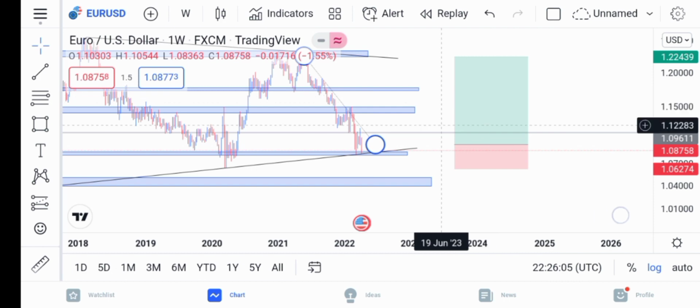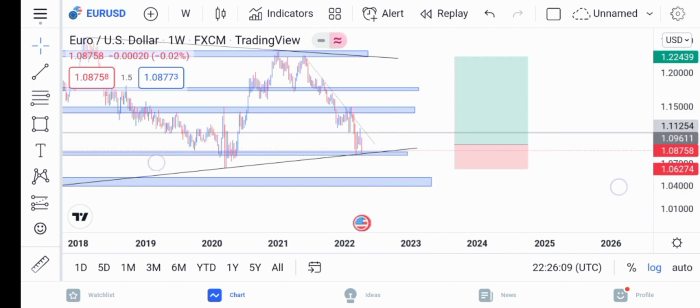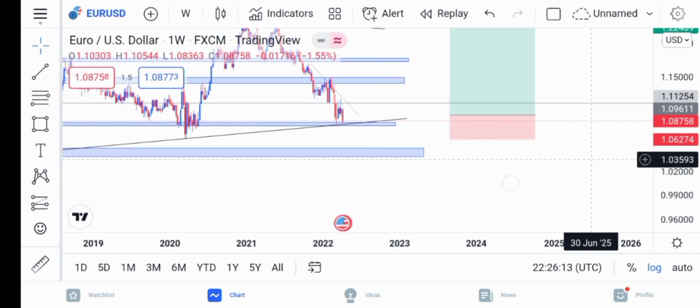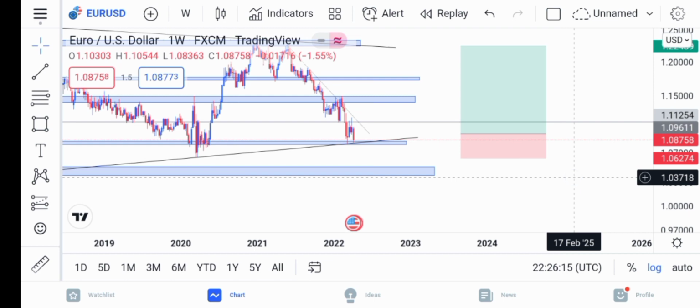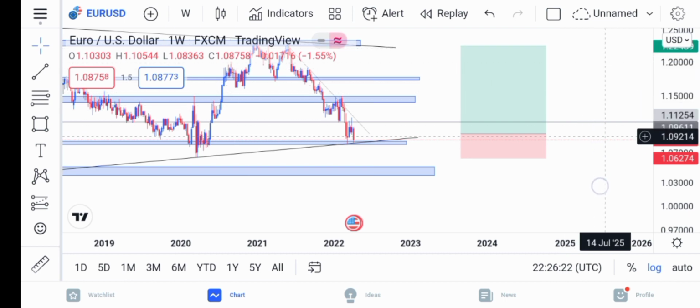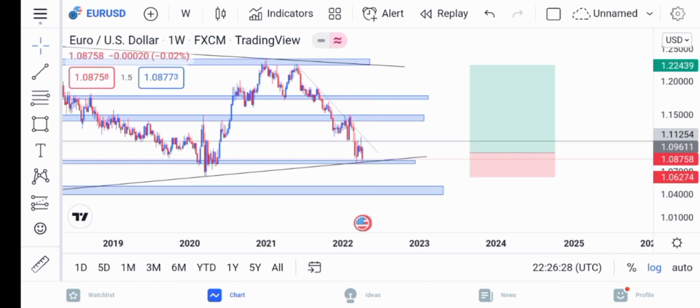You're going to hold on the signal for a very long time. So this should be a first take profit. Okay, sorry, there should be a first take profit around this area here, second and third, or you can take first here, second, third, and fourth take profit, which is your overall. So currently on Euro USD, this is what you have.